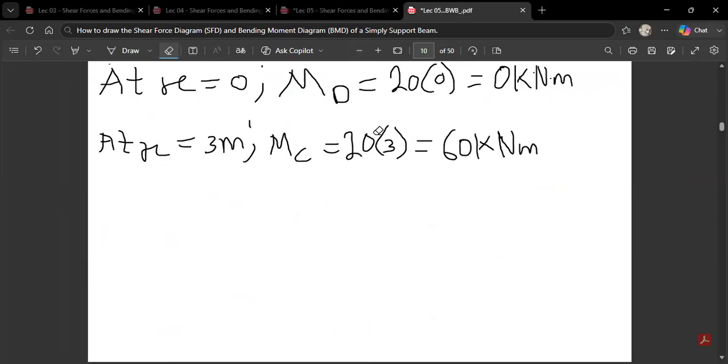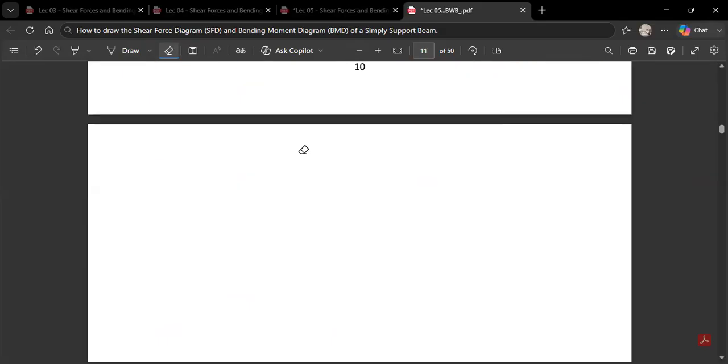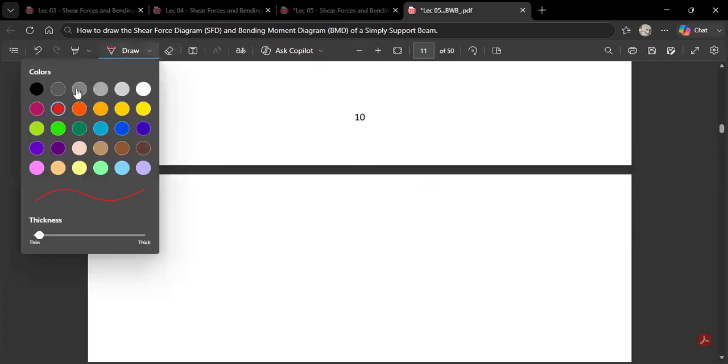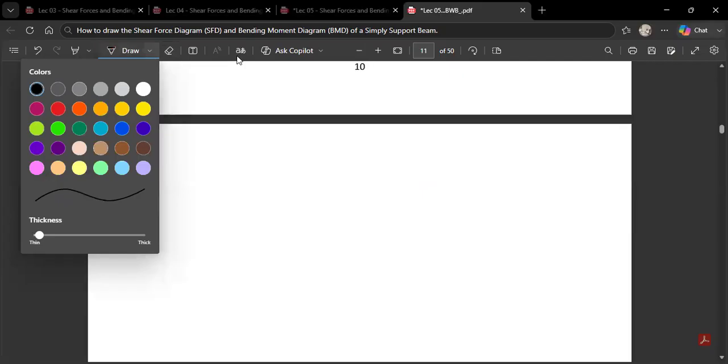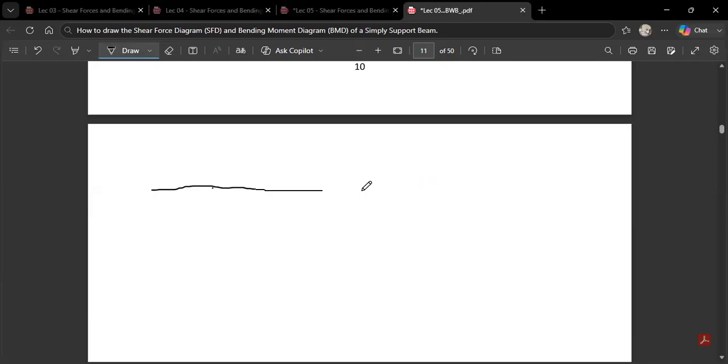So let's proceed. We are going to do that over here on page 11. So let's quickly draw the diagram. Let's all do that together. So this is the diagram over here. Do manage the space, because we'll be writing certain things at this side. Let's leave that place. So this is our 20 kilonewton. It's also our 20 kilonewton.